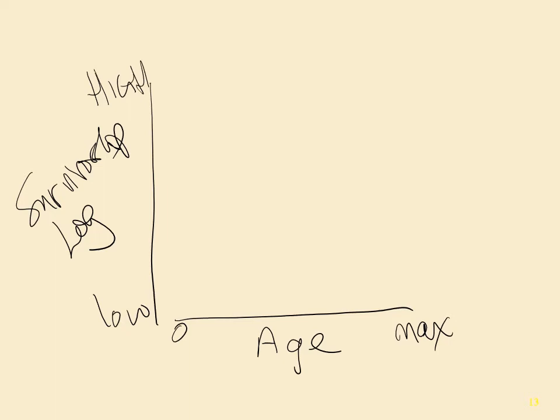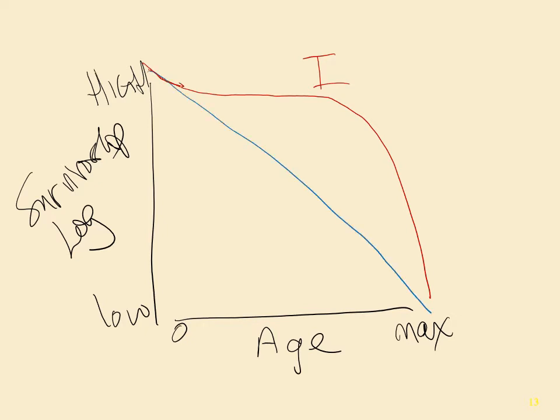So a type 1 survivorship curve, you do have that little dip in losing some when they're juveniles, but then you do really well until you get to old age. So that's a type 1 survivorship curve. Type 2 survivorship curve, pretty constant survivorship throughout your life.